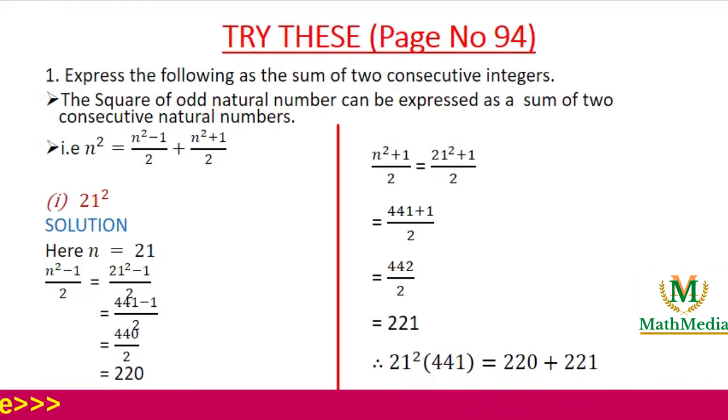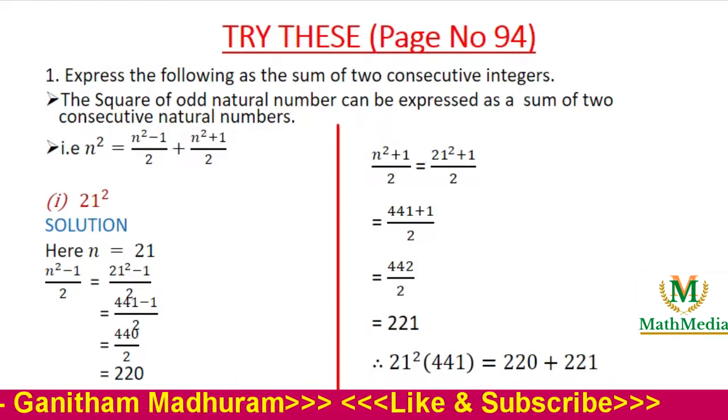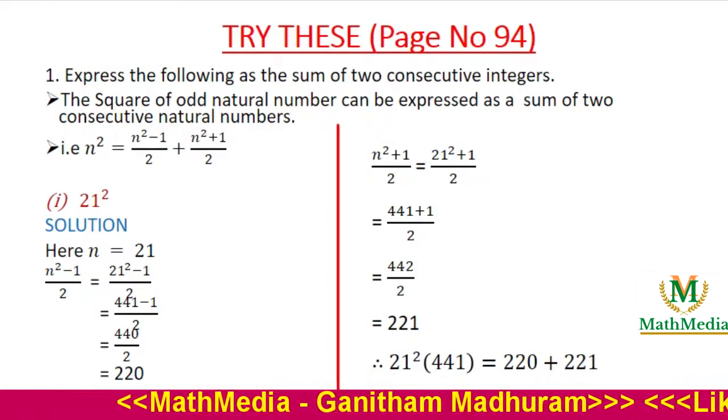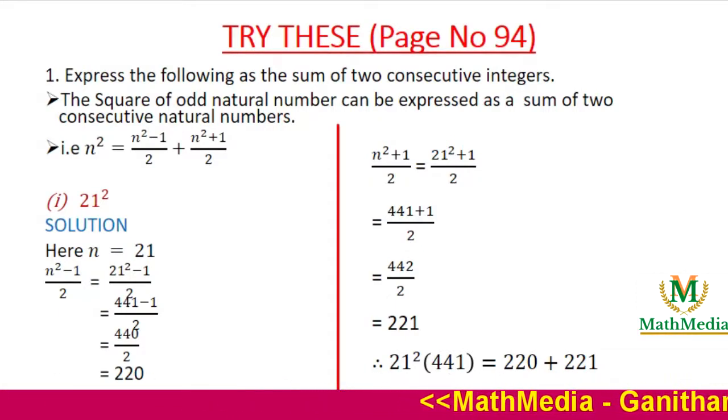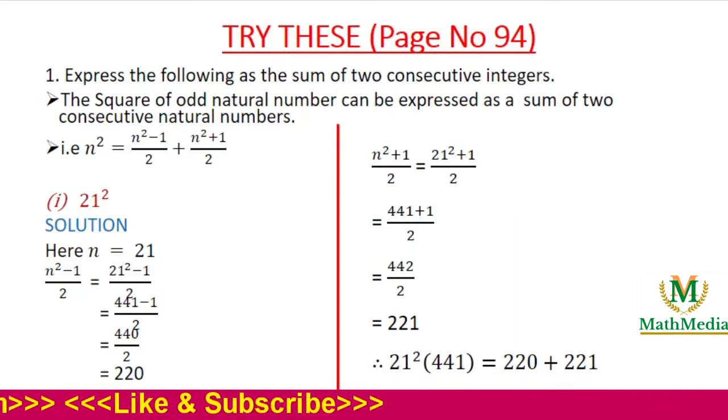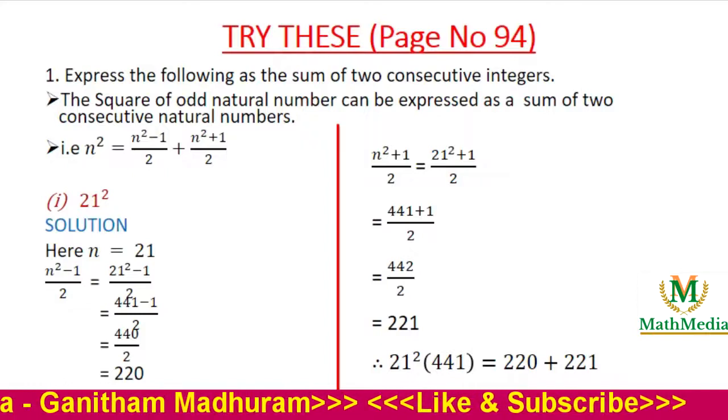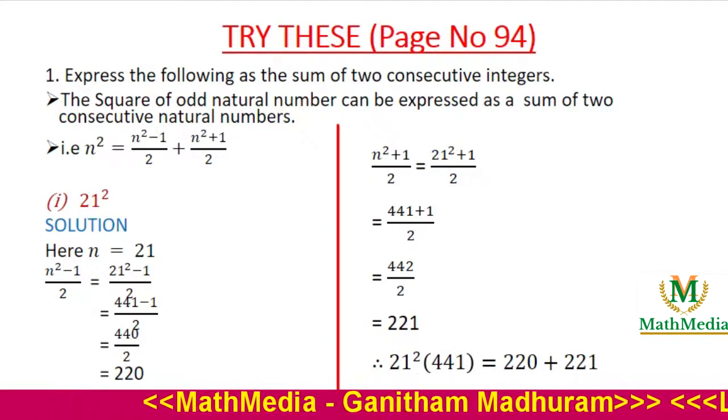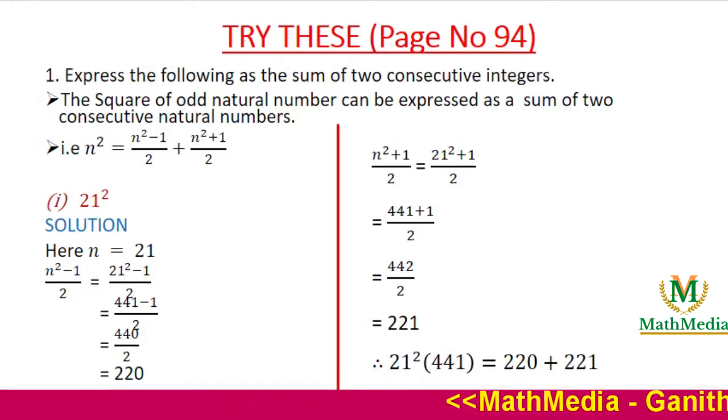That is, n square can be expressed as a sum of two natural numbers by the formula (n square minus 1) upon 2 plus (n square plus 1) upon 2. You can understand it more easily while doing the sum.